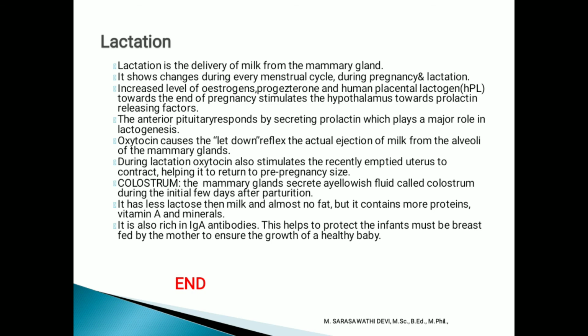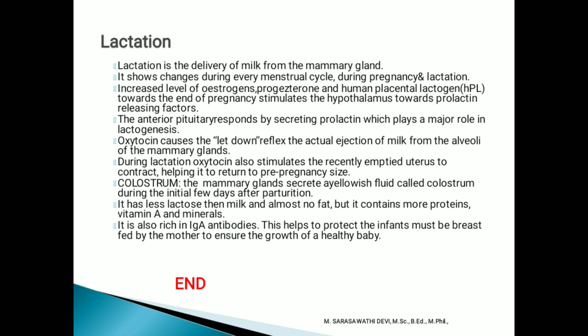The anterior pituitary responds by secretion of prolactin, which plays a major role in lactogenesis. Oxytocin causes the let-down reflex, the actual ejection of milk from the alveoli of the mammary gland. During lactation, oxytocin also stimulates the recently emptied uterus to contract, helping it to return to the pre-pregnancy size.